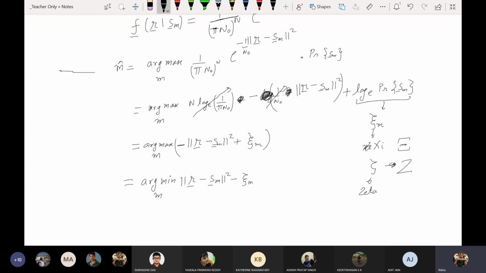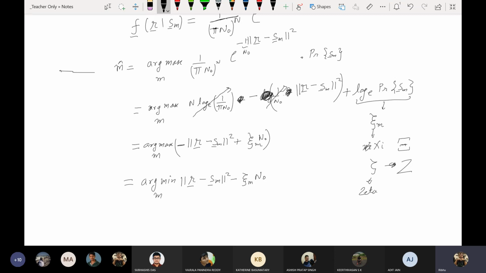So where is the n naught part? And n naught will be required here. Or n naught can absorb xi m. Xi m is a custom defined constant.